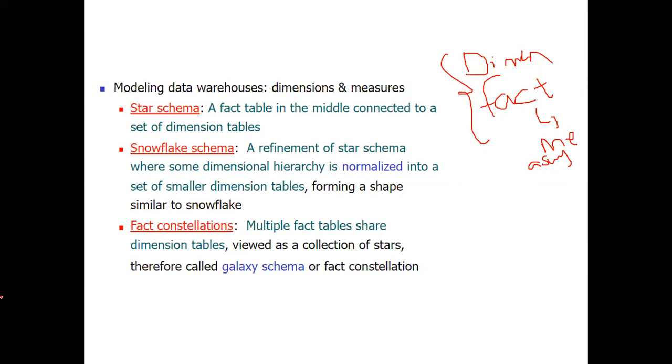So dimensions will have the properties through which, with respect to which, we analyze the data, right? If you take any example, like a product example, as I was saying, product is a dimension, branch is a dimension, country, location is a dimension, or if you have some brand, that is a dimension, right?